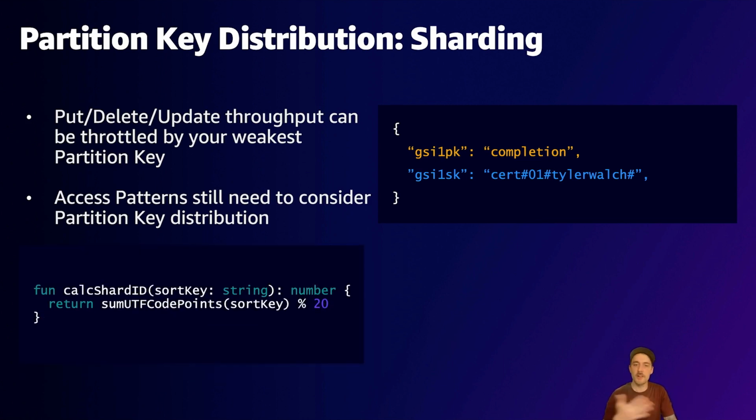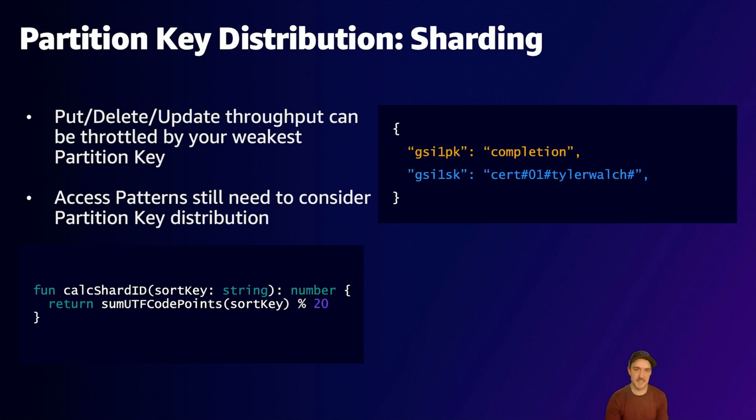You can create a function, and this is pseudocode, to create a shard ID. What you might do is come up with a deterministic way to get a numeric value for your shard key value, in this case the instructor name.